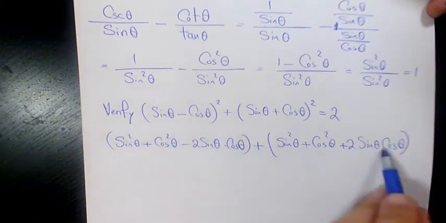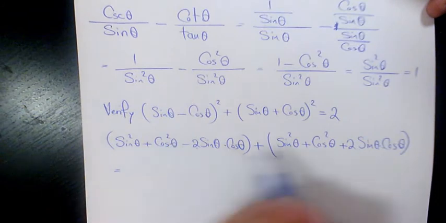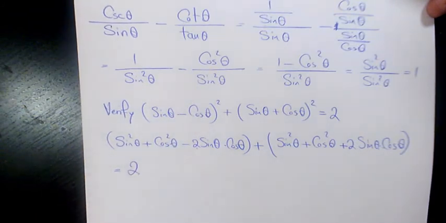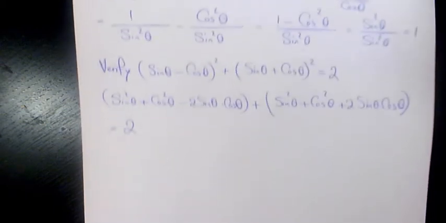These two, when you add them, are going to cancel out. Sine squared plus cosine squared is 1. Sine squared plus cosine squared is going to be 1. 1 plus 1 is going to be 2. And that's the answer.